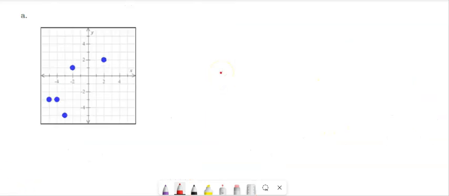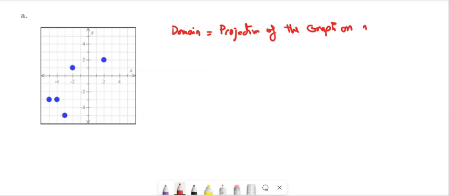All right, so this is graph A, and before starting the question, we're going to define the domain of a function. Whenever you have a graph, I think the easiest way to understand the domain is by making the projection of the graph on the x-axis.